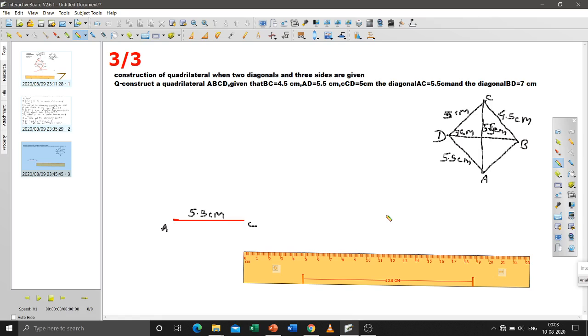Now by taking A as a center, with the help of the compass, we'll adjust the opening to 5.5 centimeter and draw an arc.